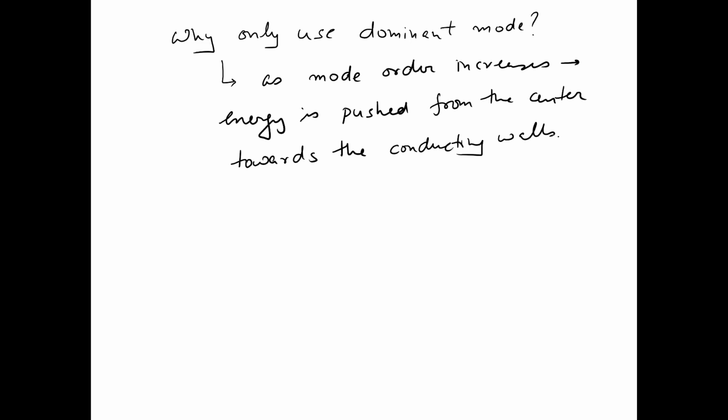We had seen that for the first order mode, the energy peak is right in the center of the waveguide, and it becomes lower as you go further out. So most of the electric field and magnetic field intensities are right in the center. Whereas as you go to the higher order modes, the energy is being pushed towards the side. The center for some of the modes doesn't even have any energy. The energy is being pushed towards the sides, so the field interaction with the metal becomes larger. Therefore, you increase the surface currents. Therefore, the loss is always going to be higher.